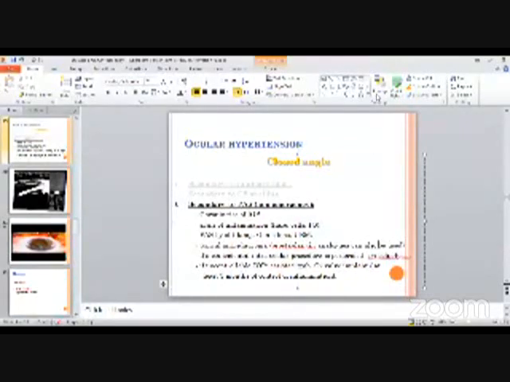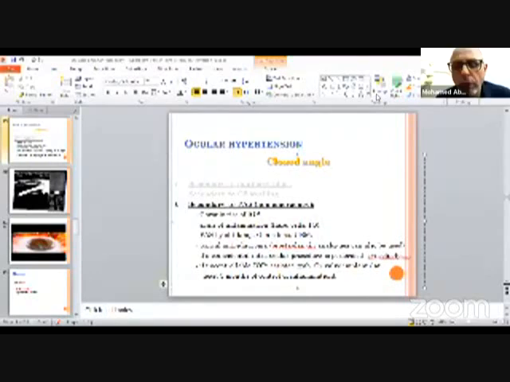I wanted to ask you, in uveitis, would you use the traditional subscleral trabeculectomy, or would you rather have an implant, like an Ahmed valve, or which would you prefer in the case of uveitis? I would do a regular trabeculectomy, assisted with mitomycin, unless the patient has a recurrence. Then I would go with an implant.